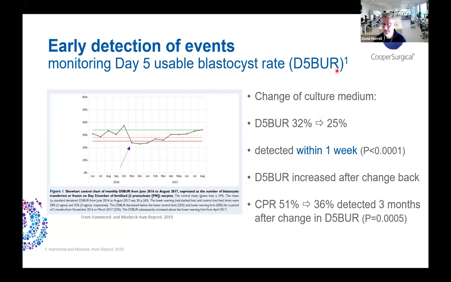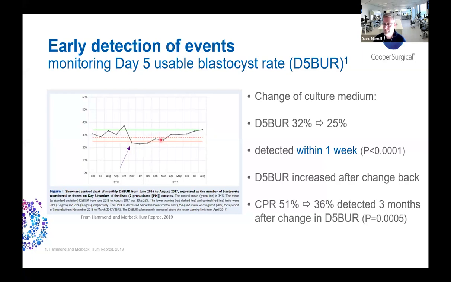And they present data in this paper where they changed culture medium, and the day 5 utilization rate dropped down from 32% to 25%. You can see it here. And the important thing here is that it was detected within a week. So it's a quick outcome, a quick visualization of performance of the lab.